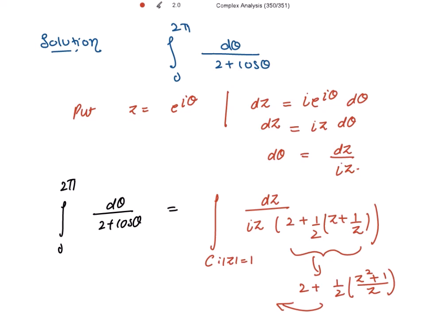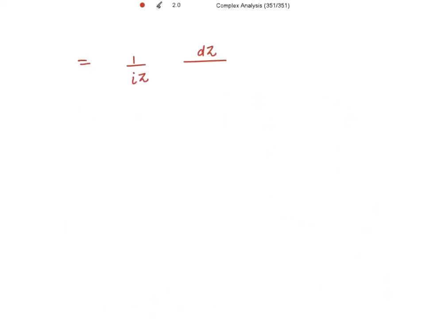Further, when taking the LCM, we get 4z plus z square plus 1 divided by 2z. So I am taking this 2z in the numerator further, so writing here 2z, and in the denominator we have z square plus 4z plus 1. Is it okay? Fine. Okay.